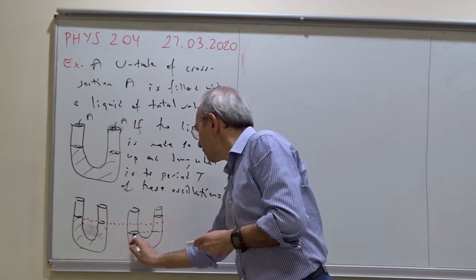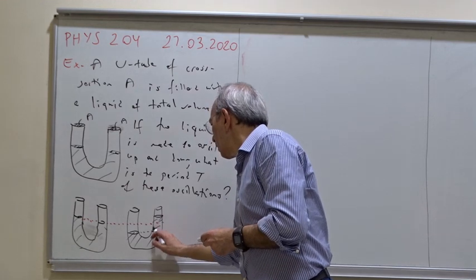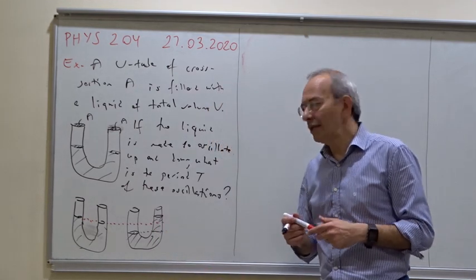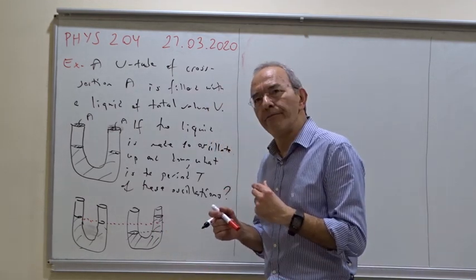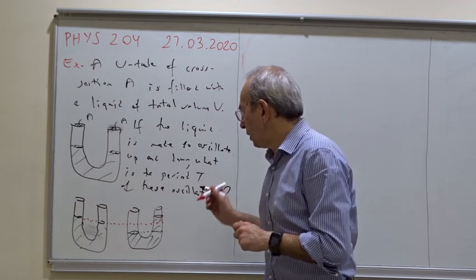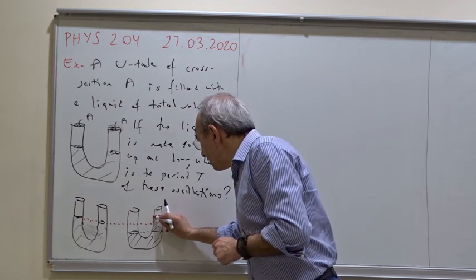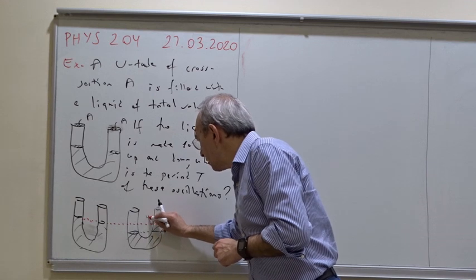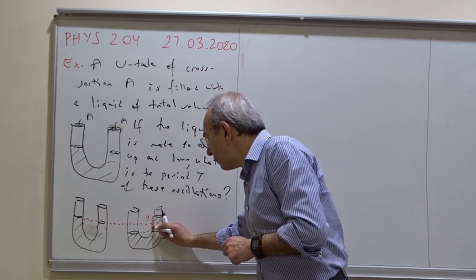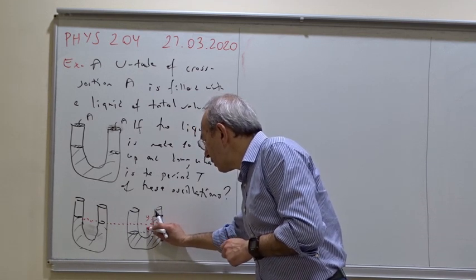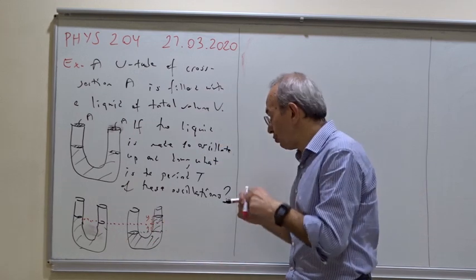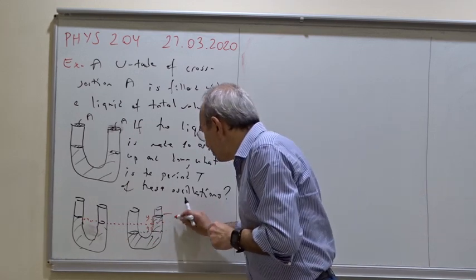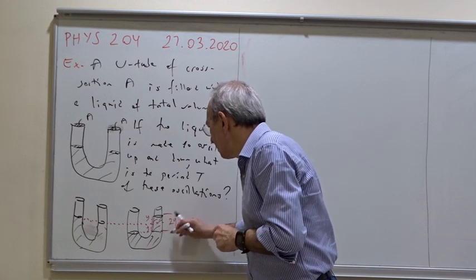Okay, this is the new position of the liquid, and let's give a name to this height. Let's say this height is, let's call it y. Of course, the other part is also y from symmetry. So that this part is 2y.